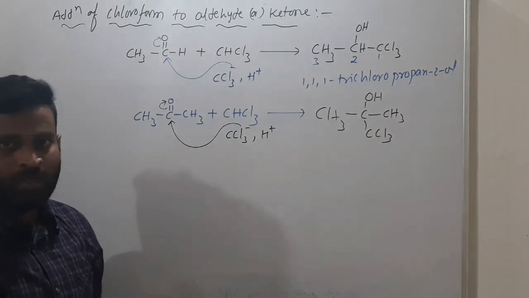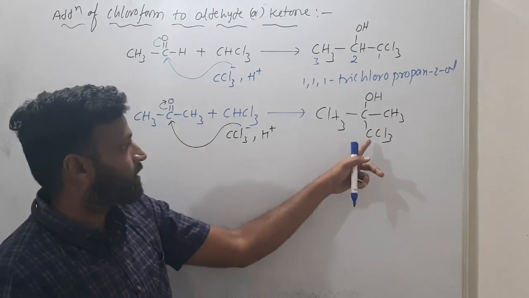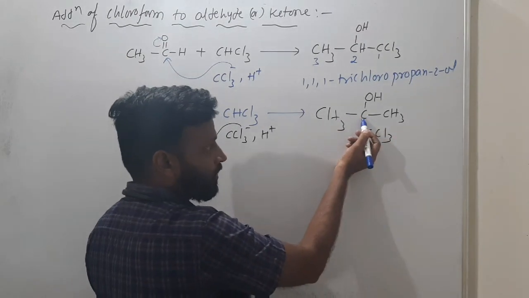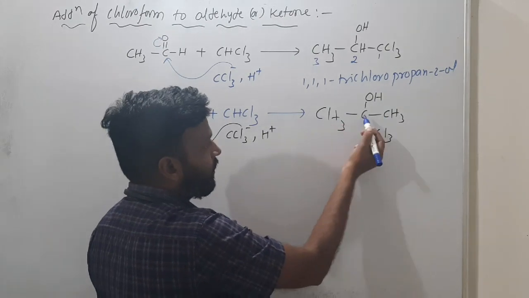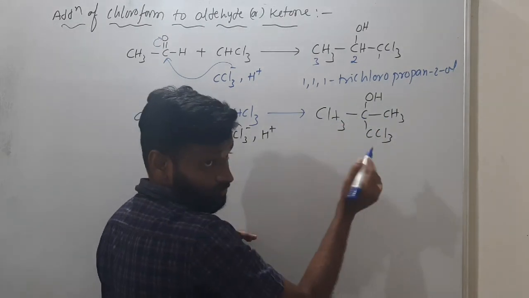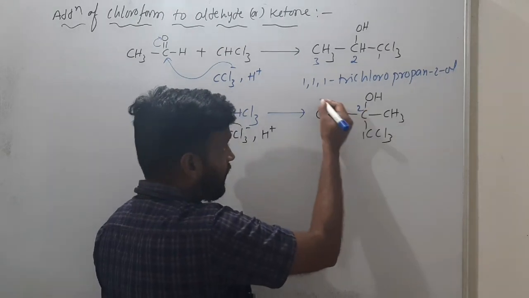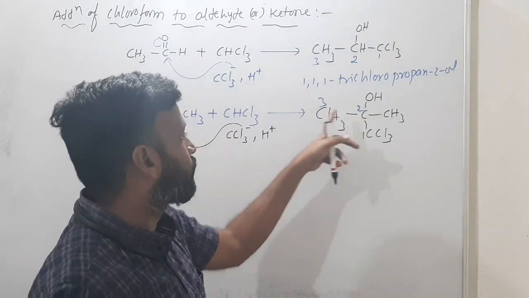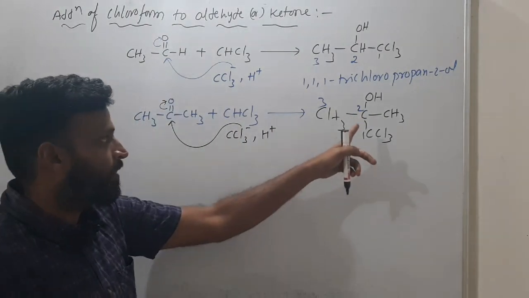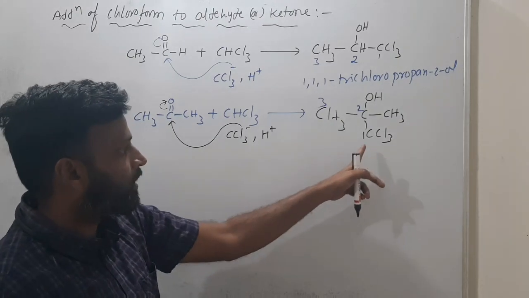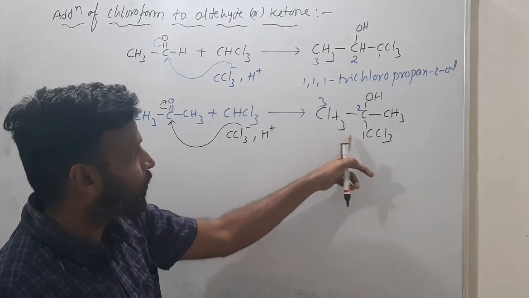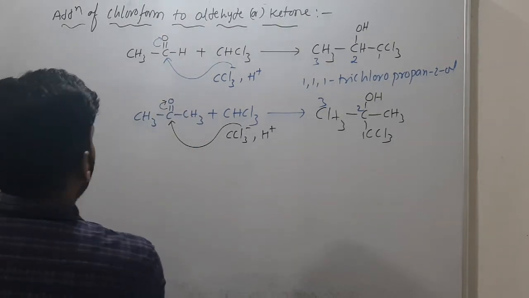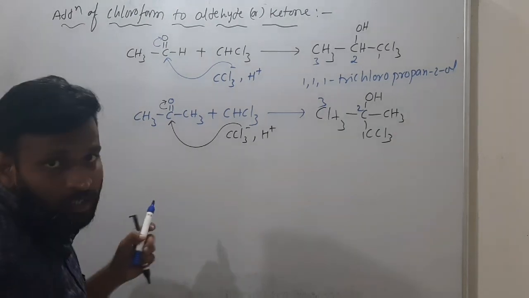Numbering could be 1,2,3 in either direction, but since there are three chlorines, you give them the least possible locants. So the name is 2-methyl-1,1,1-trichloropropan-2-ol. So this is addition of chloroform to aldehydes or ketones.